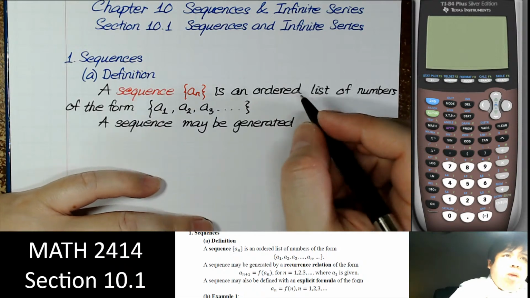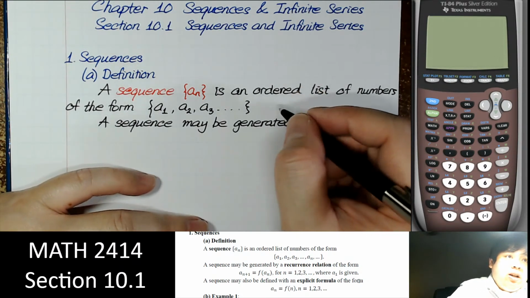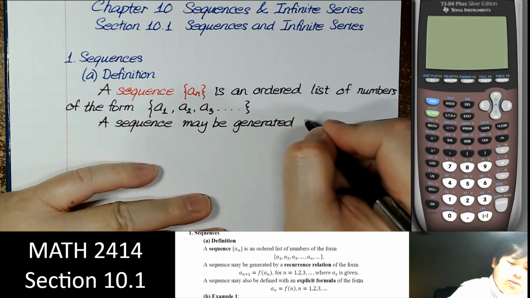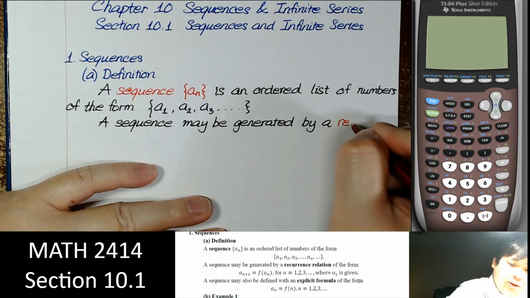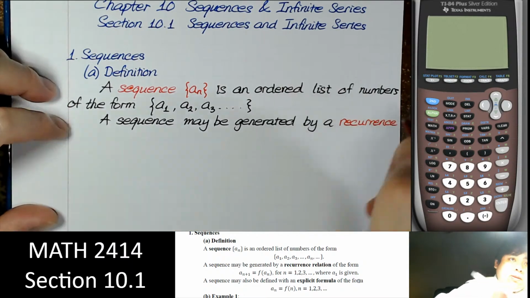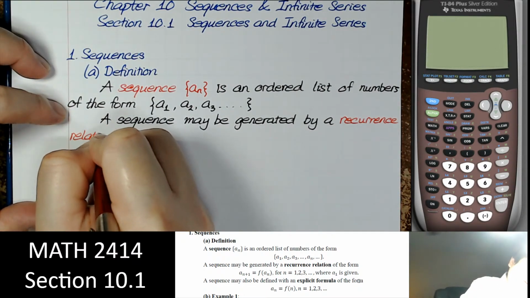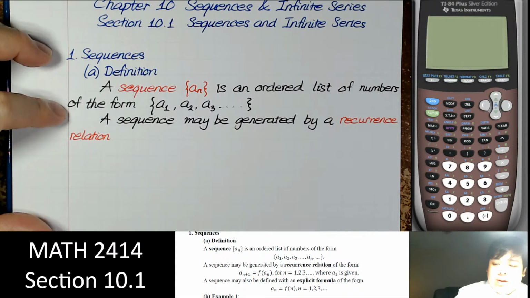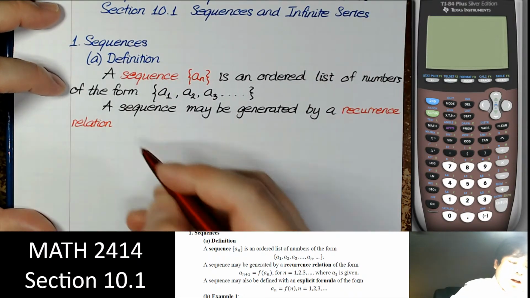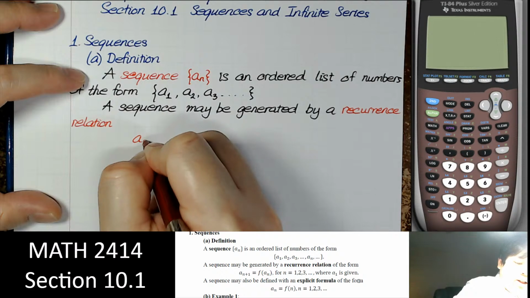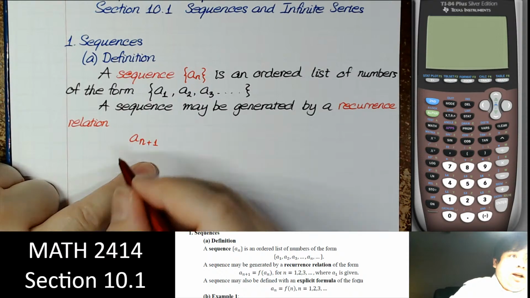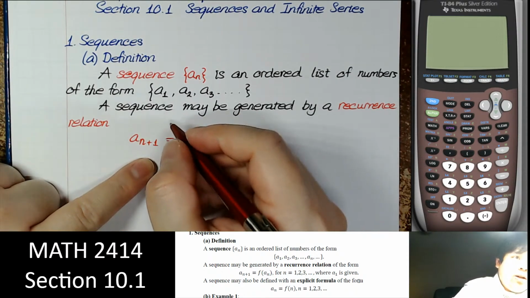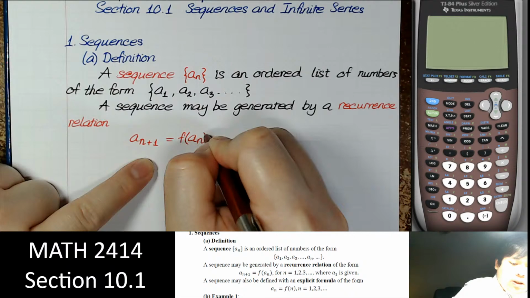A sequence may be generated by a recurrence relation. All right, and in the recurrence relation, we have a function of this term, a function of the previous term.